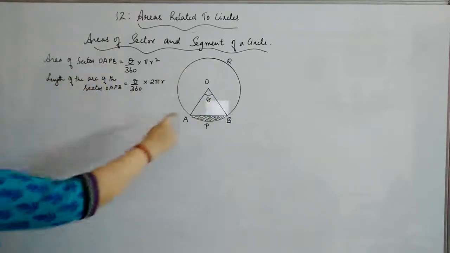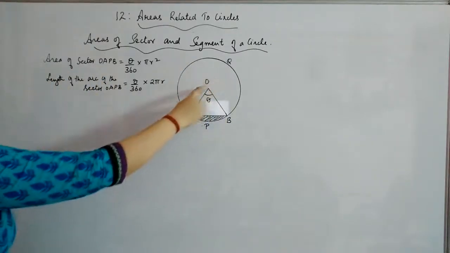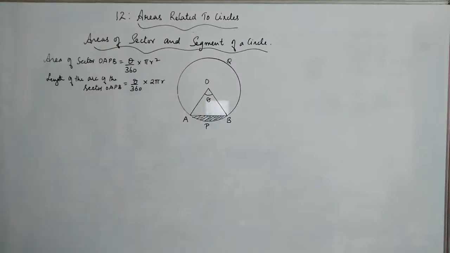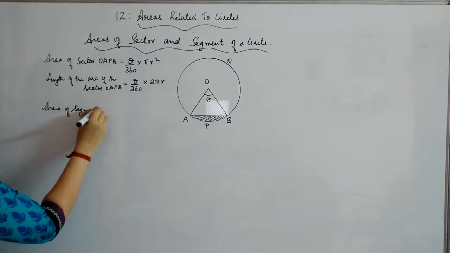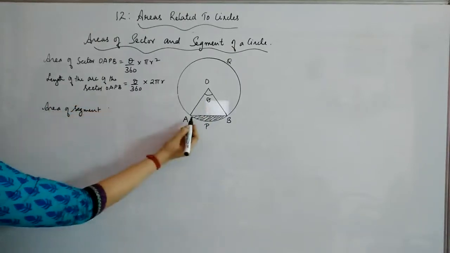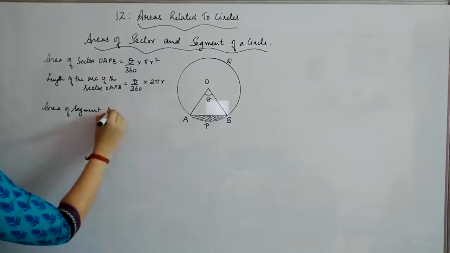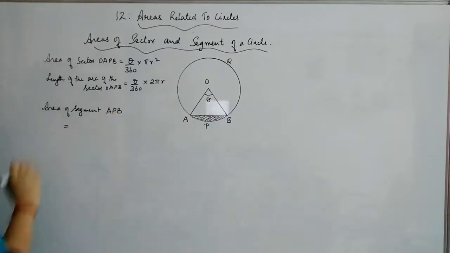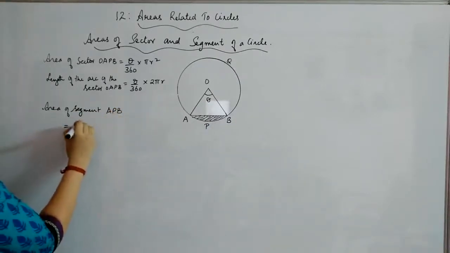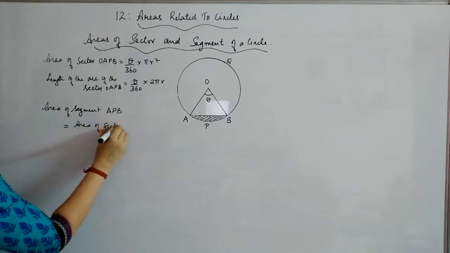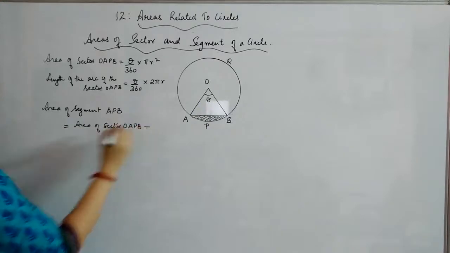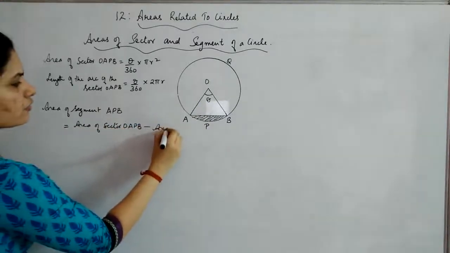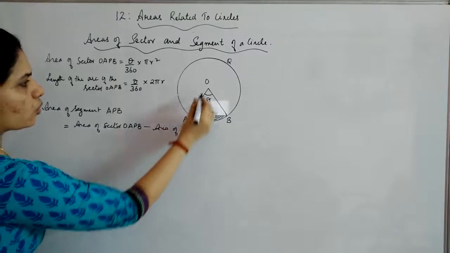So if you remove this portion, that is of the triangle, you will get the area of the segment APB. Area of segment APB will be equal to area of sector OAPB minus area of triangle OAB.